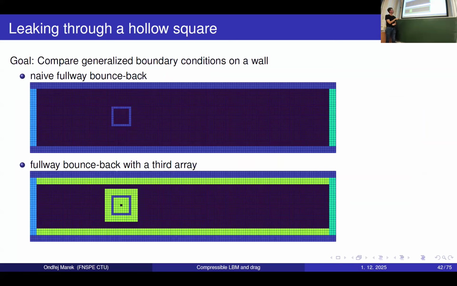I basically took the one with the third array, where I flip everything, nothing is leaking through, and applied it on an edge case, where there is a hollow square.